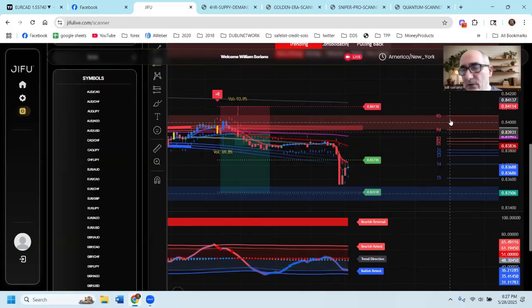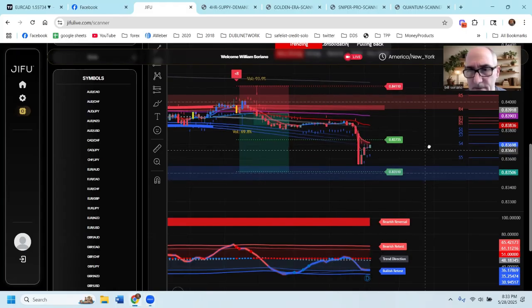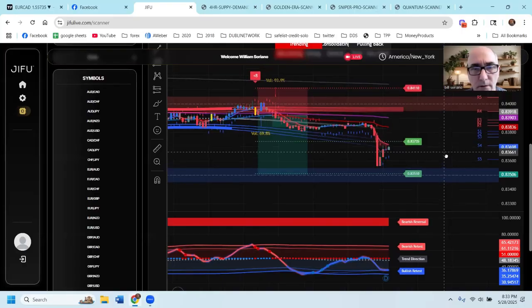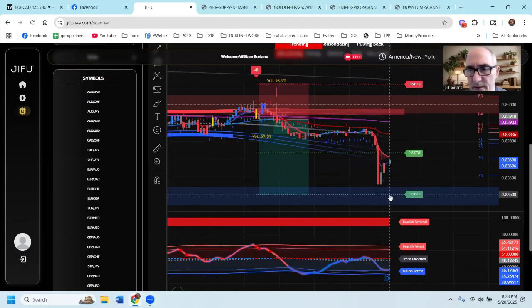Also, you get 5 resistance points and 5 support points, right? In this case here, you would probably want to exit at take profit 2 and get your 1-to-2 risk to reward on that trade.